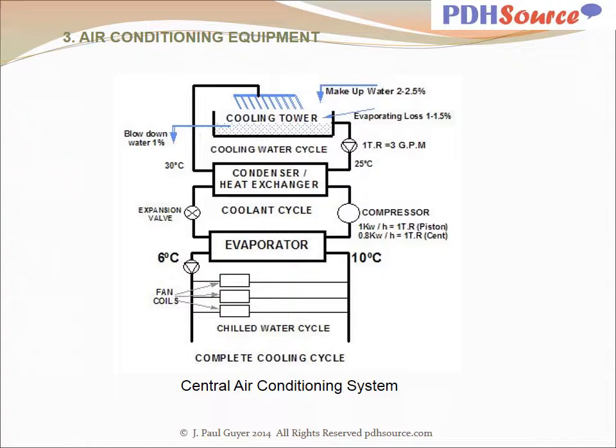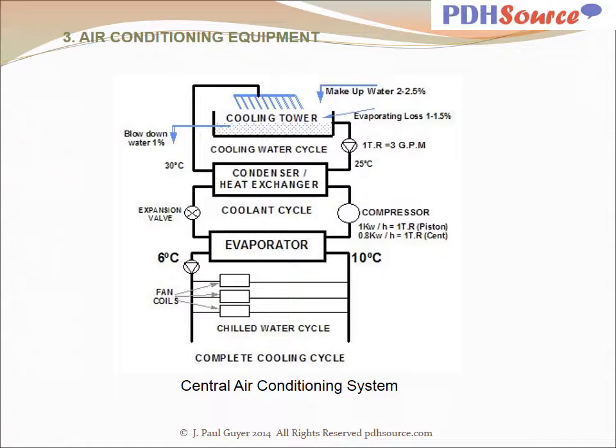And the heat of vaporization to vaporize that quantity of the cooling water needs to come from the cooling water itself, and therefore the cooling water is cooled as it falls from the nozzles at the top down to the basin at the bottom, so that you have 30 degrees centigrade water being returned to the cooling tower.